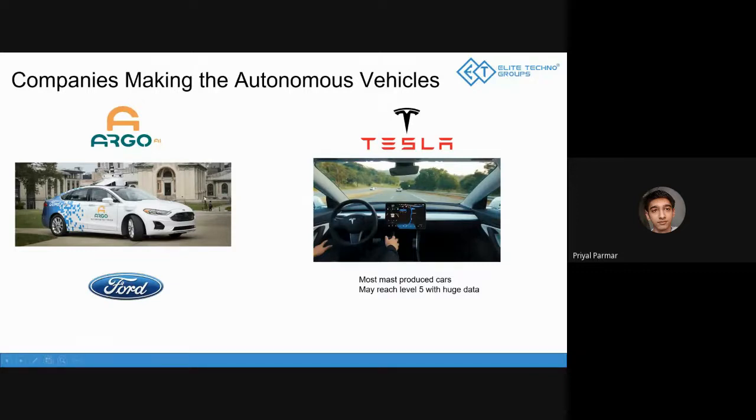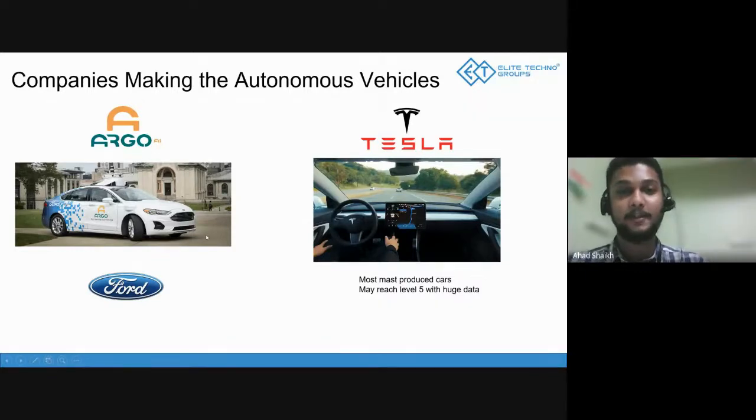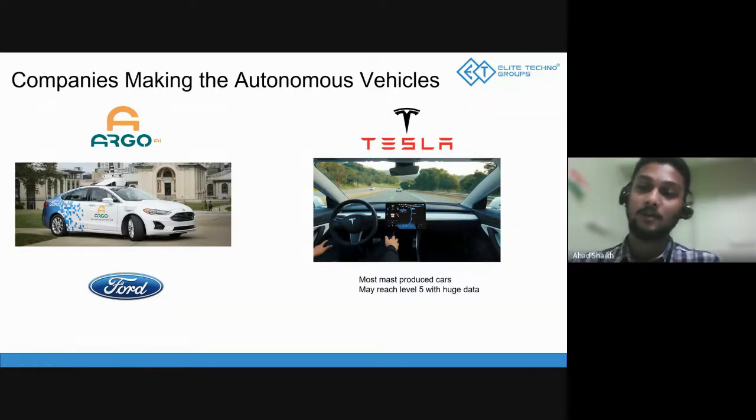Exactly. There are certain factors on which making the autonomous vehicle and winning this race depend. The first thing, as we talked about, is how many kilometers or how much distance you have tested your systems over, how many vehicles you are running, and in what different regions you are testing those vehicles.